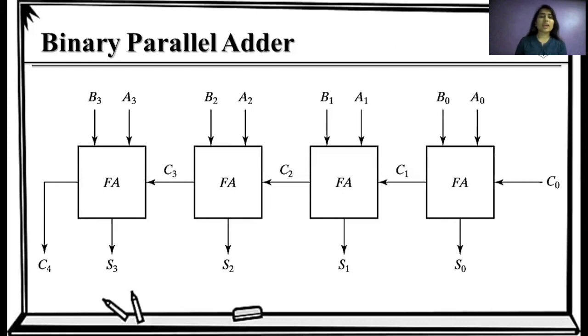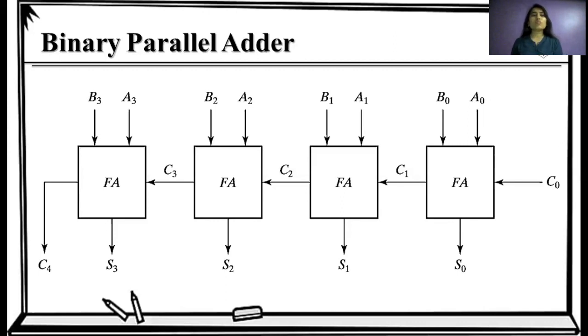So here again add A2 plus B2 plus C2. So we have an S2 bit and a carry bit. Forward this carry to the next stage, and the fourth full adder performs A3 plus B3 plus C3, and we have an S3 sum bit and C4 carry bit.